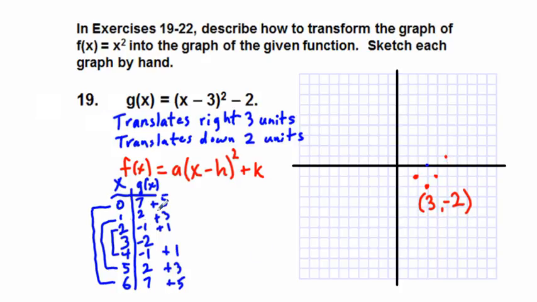And we have 1, 2 here. Then we have 6, 7, so 6 to the right, up 7. And our y-intercept here. So that's what this graph looks like.